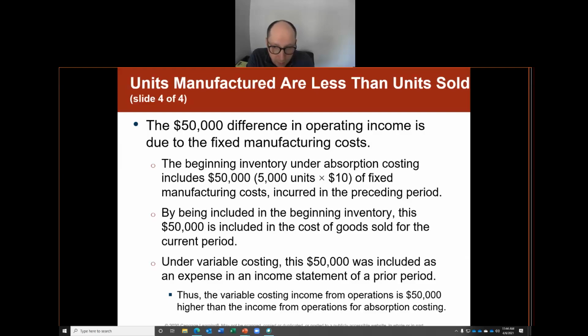And of course, under the absorption costing model, we include the fixed costs within cost of goods sold. So of course, that will also lead to a lower margin. And under absorption costing, the 50,000 was included as an expense during the accounting period.